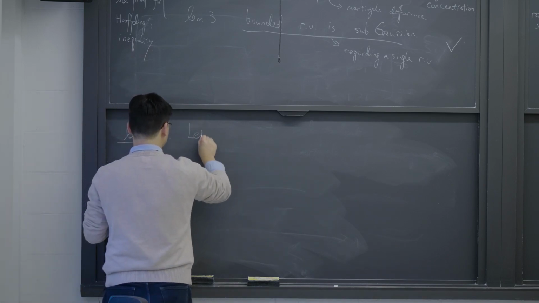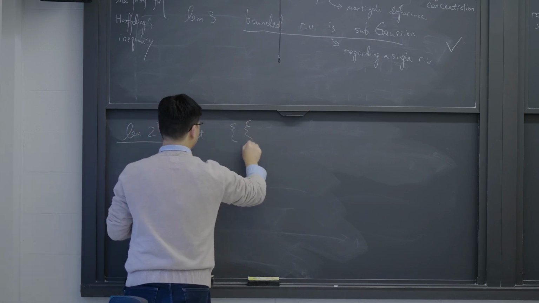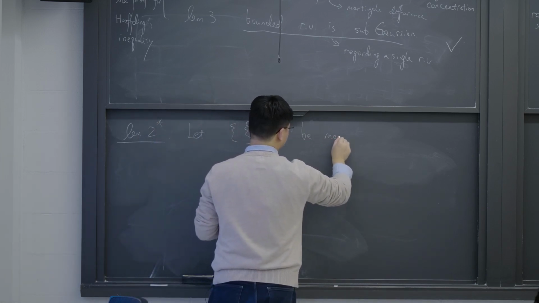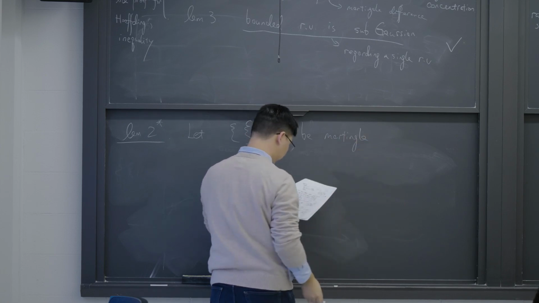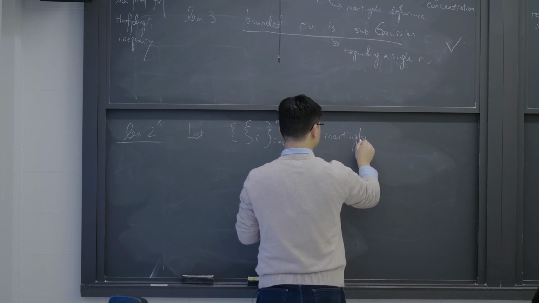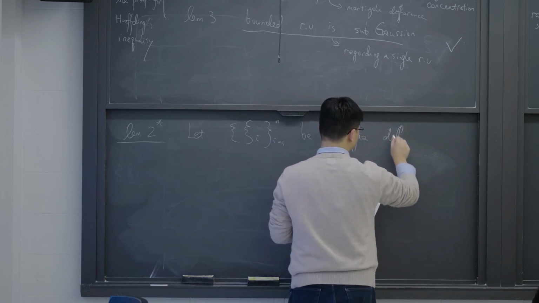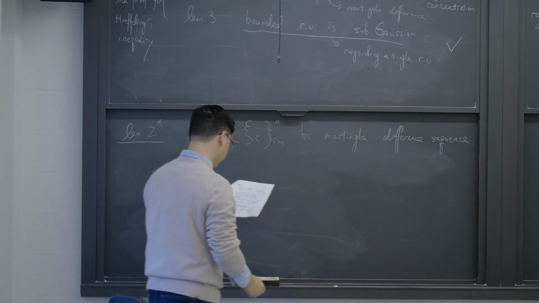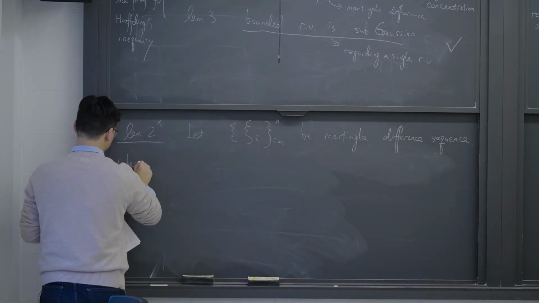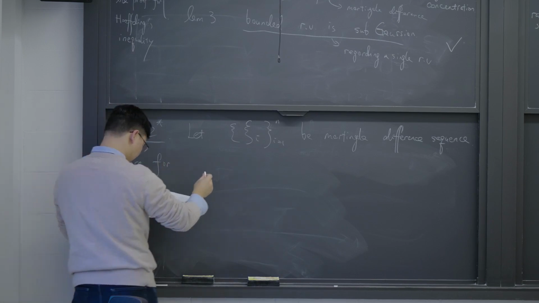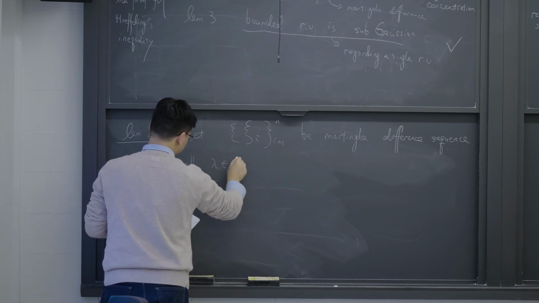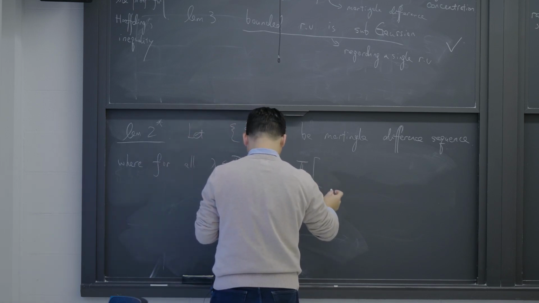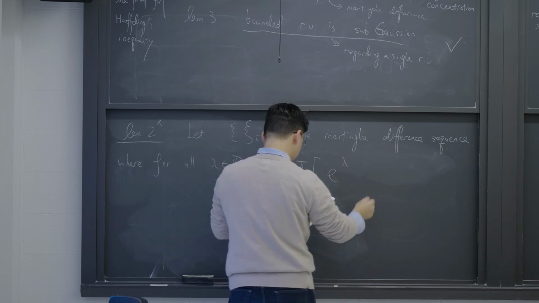We say let Ci, for i from 1 to n, be a Martingale difference sequence, where for all lambda in R, we have the following precondition, that is the expectation of e to the power of lambda Ci.